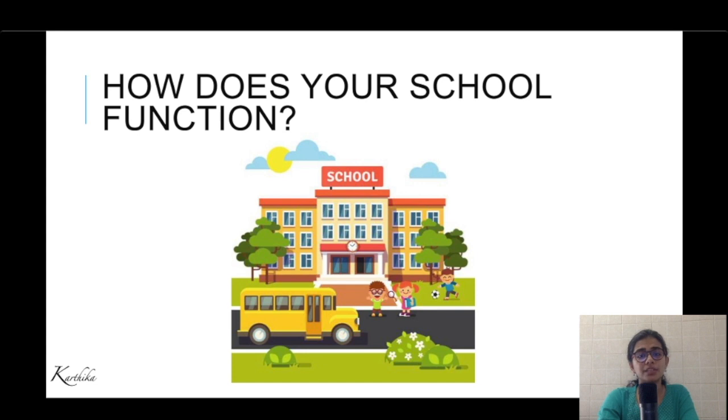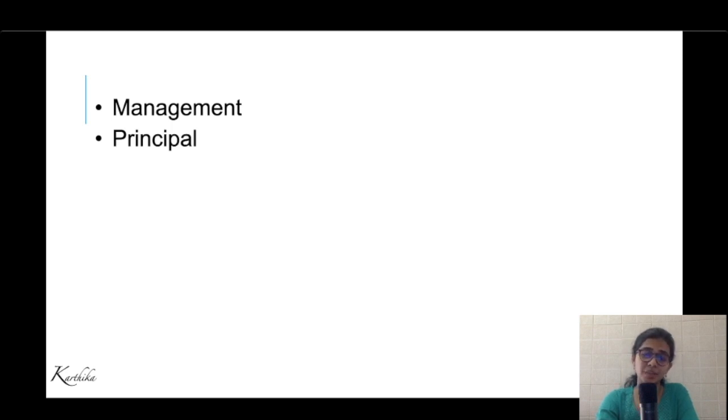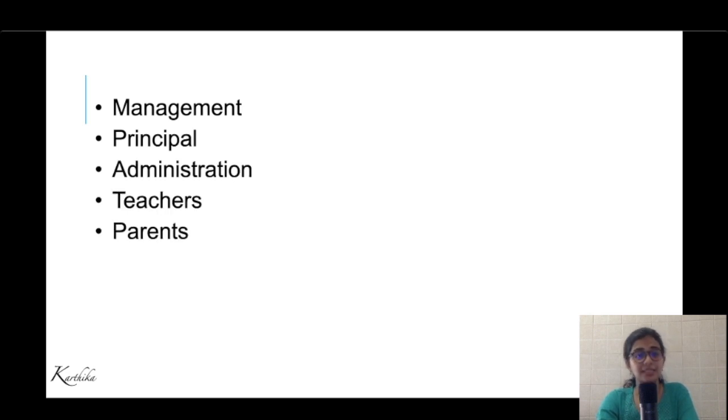All these functions are carried out by different groups of people. There's the management and the principal, who are the major decision makers. Then there's the administration, the teachers of course, and the parents and students.